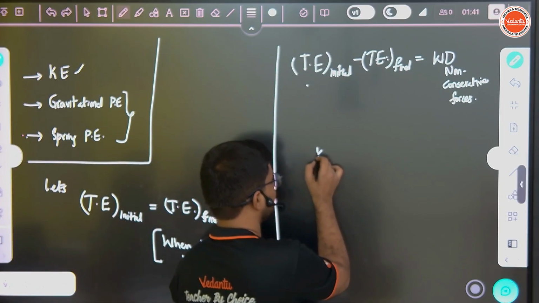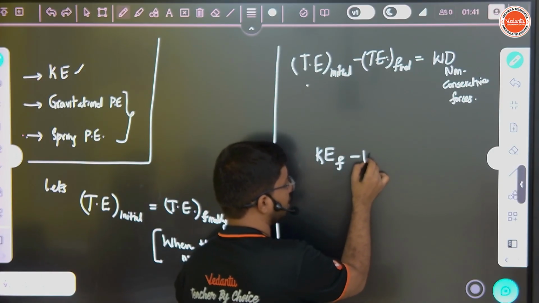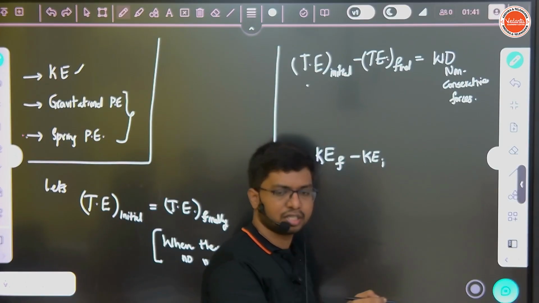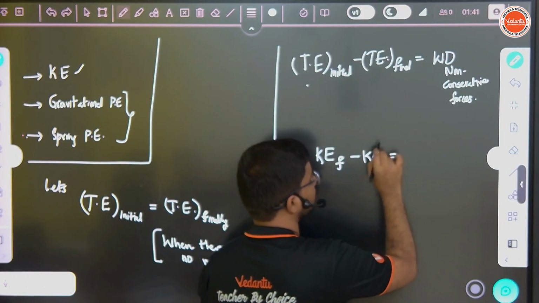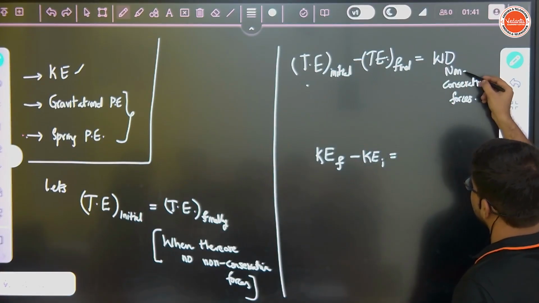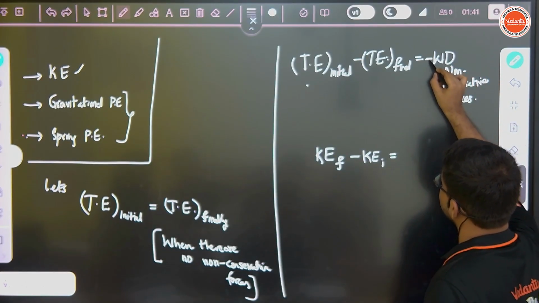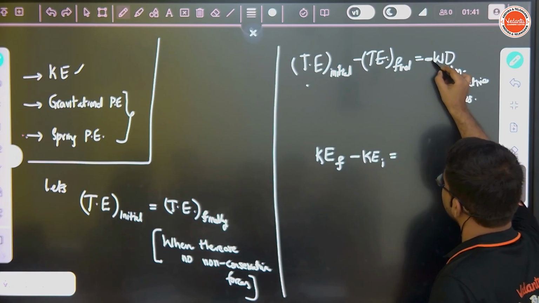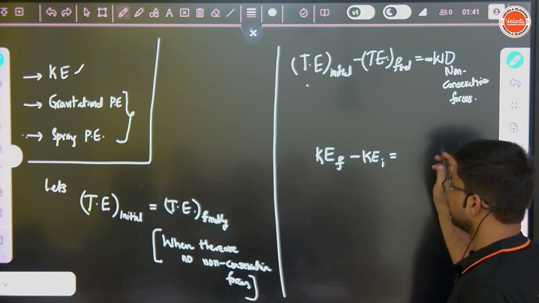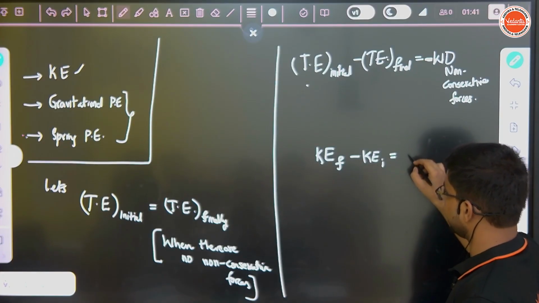We just had a change in kinetic energy, which is the final kinetic energy minus the initial kinetic energy, right? Work done by non-conservative forces is always negative, so in order to take care of that sign, I should put a minus sign here. Clear? Then, final kinetic energy minus initial kinetic energy.